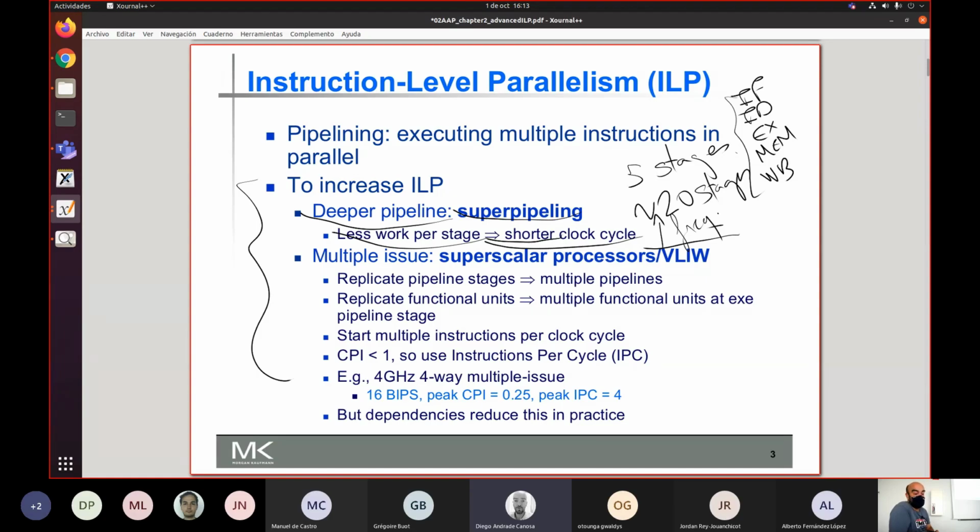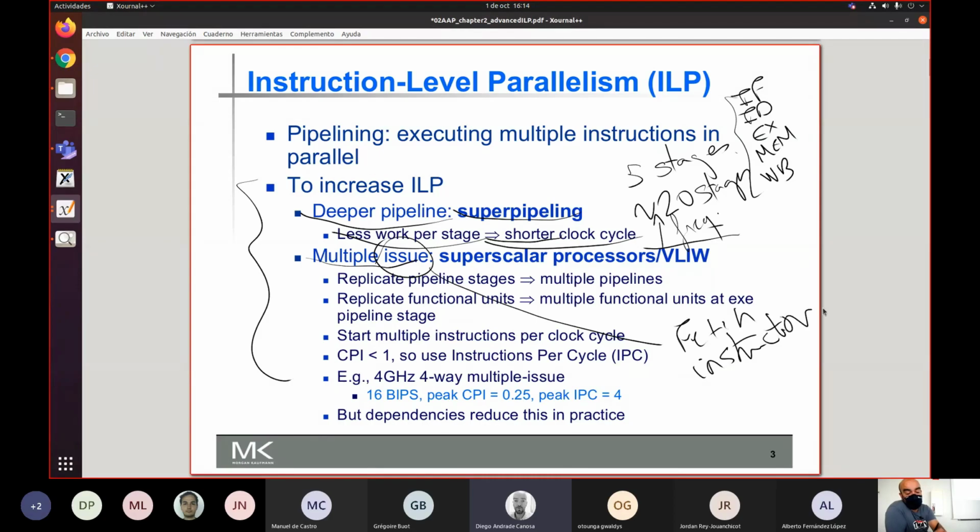Another idea that can improve the pipelining is what we call multiple issue. Okay, and we will see that there are several examples of this. The idea of multiple issue is when you fetch an instruction to be executed.